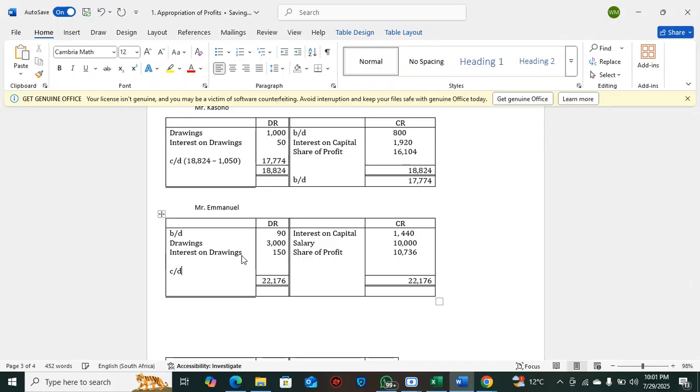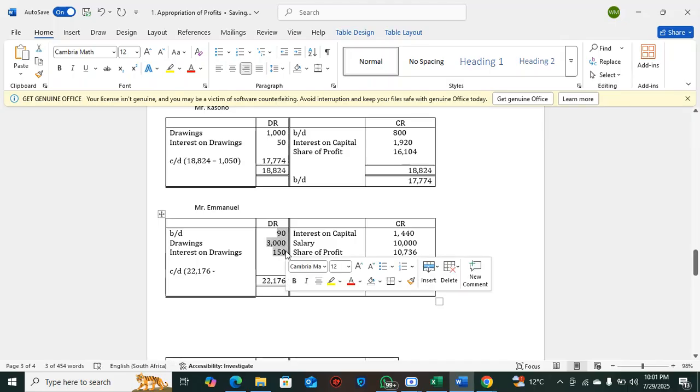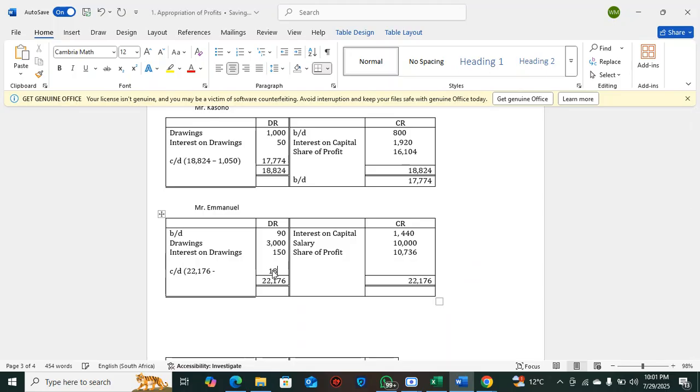So balance carried down, you're going to say 22,176 minus 90 plus 3,000 plus 150, which is 18,936.